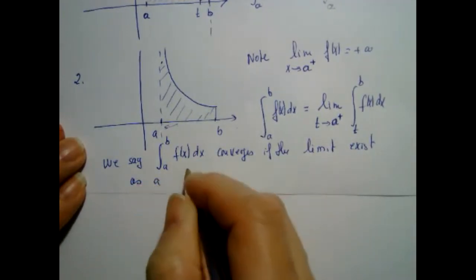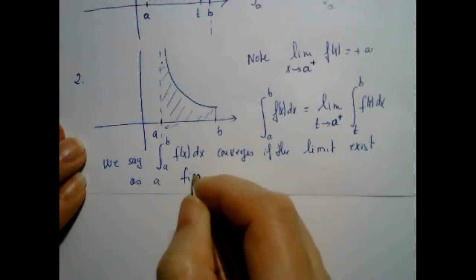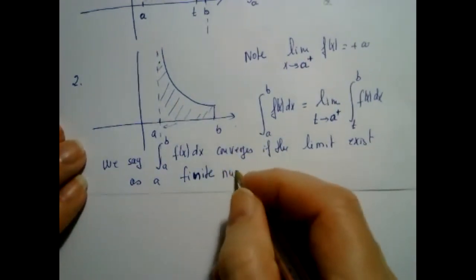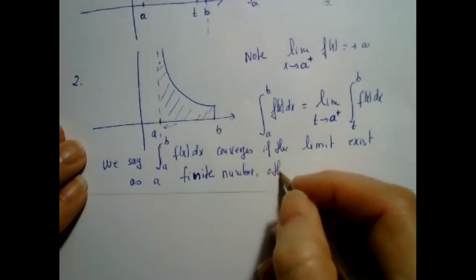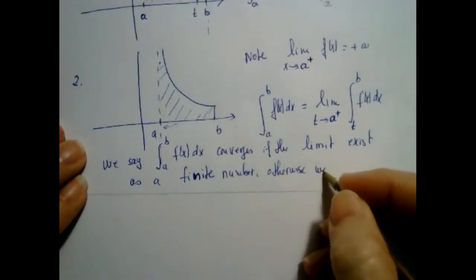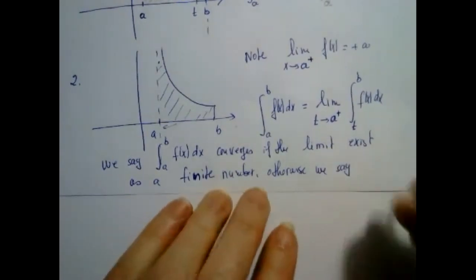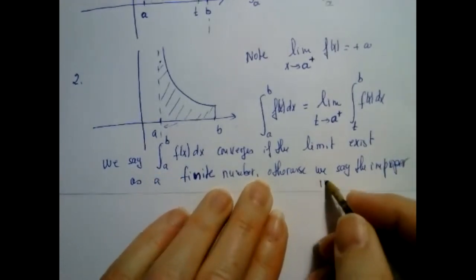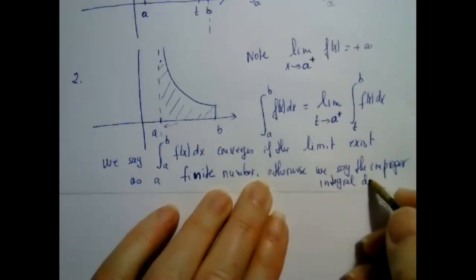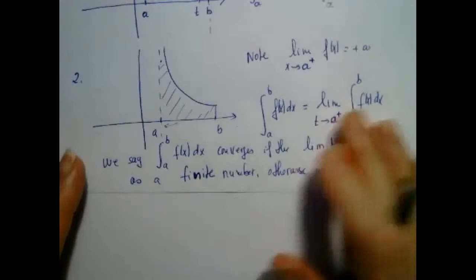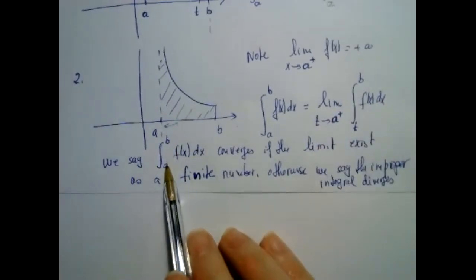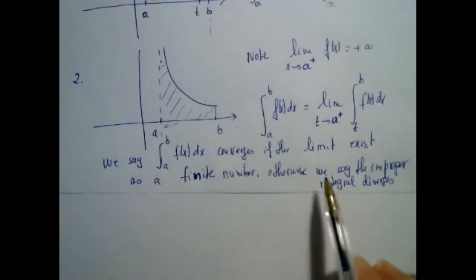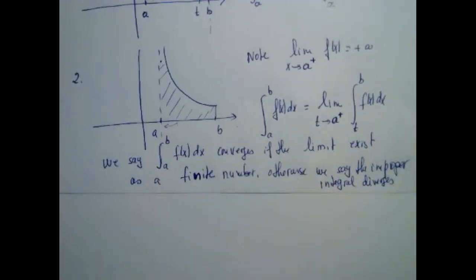Like in the previous section, the integral converges if the limit exists as a finite number. Otherwise, we say the improper integral diverges.